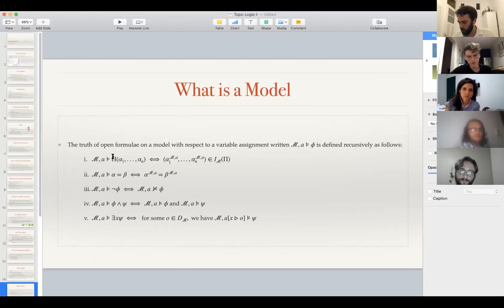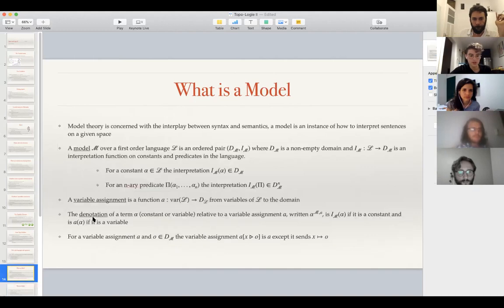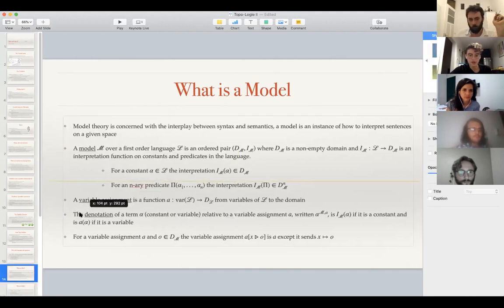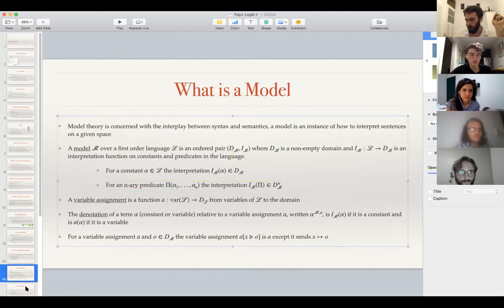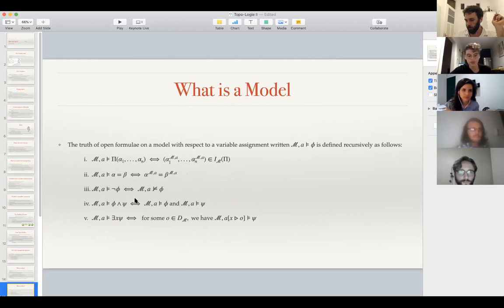So for example, if it models a predicate, it's going to be if and only if each one of these individual denotations, which are the interpretations of variables and constants, is in the interpretation of the predicate.